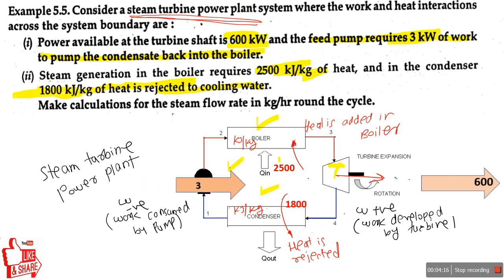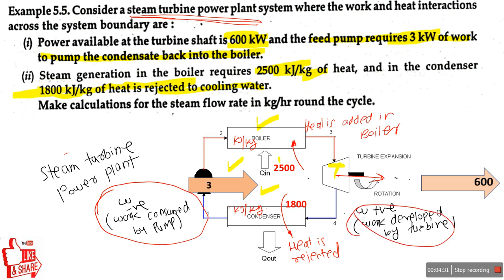The arrow I am showing is towards the pump, so it is work done on the system. So it consumes work. The turbine work is positive, as it is work developed by the turbine, and the pump work is negative, because it is work consumed by the pump.